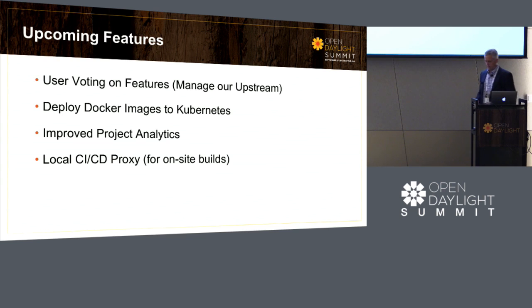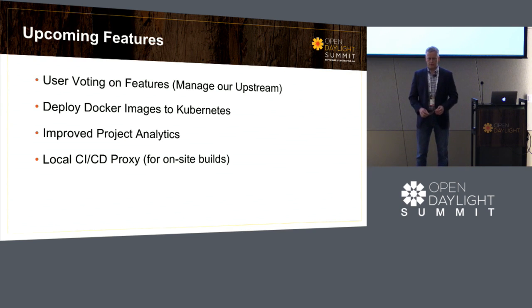All right, now I showed a number of features in there, and several of the things that we're working on are based on feedback from our customers and organizations that we work with. We do a lot of upstream work, as you might imagine. We're on the technical steering committee, we're on the OpenDaylight board, and our engineers are committers to various projects.